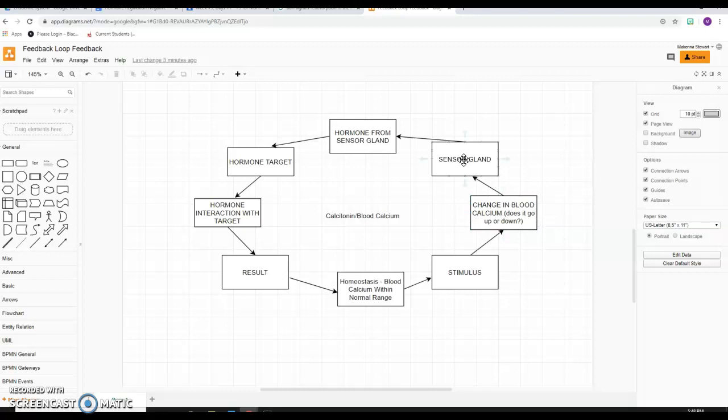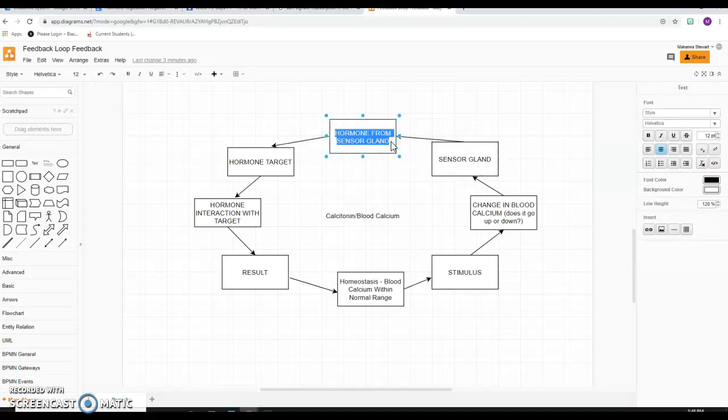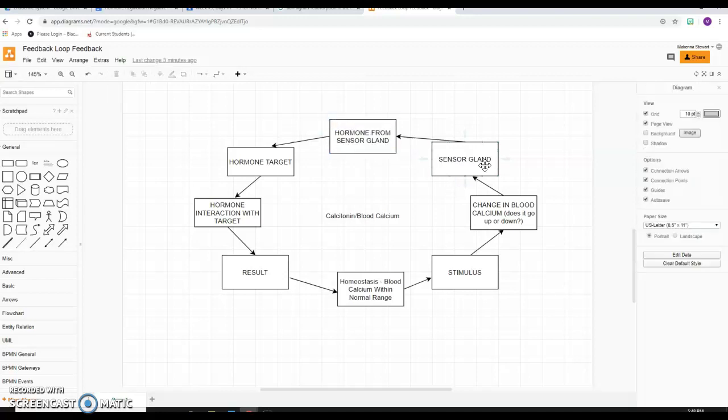Then we have a sensor gland. There is actually only one gland at work in this feedback loop. I'll go ahead and tell you the hypothalamus is not part of this feedback loop. This gland can be signaled by the hypothalamus.